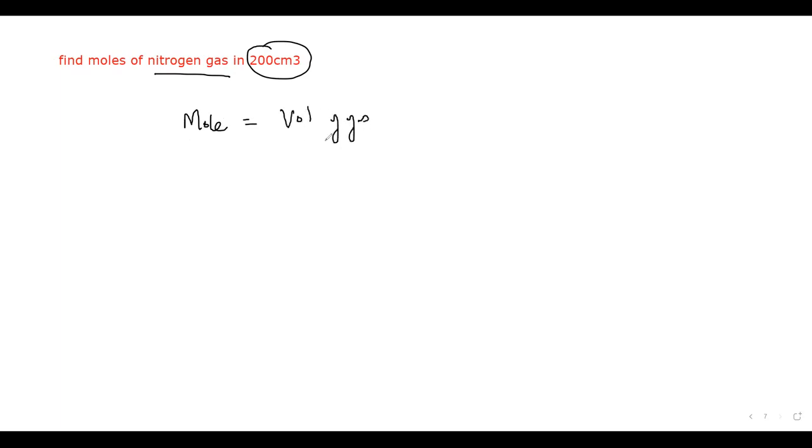Another example related to finding the moles of gas. Find moles of nitrogen, which is a gas, in 200 cm cube. Whenever we are finding the moles of a gas and the volume is given, the formula is moles equal volume of gas divided by 24. But volume of gas should be in dm cube.